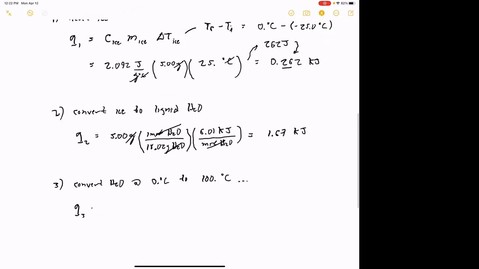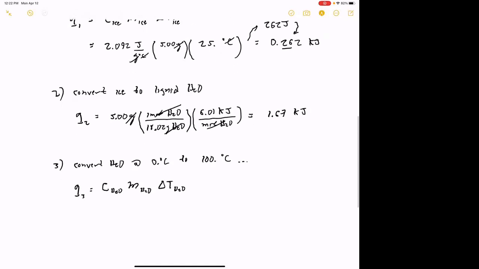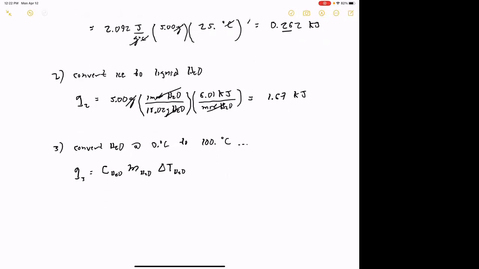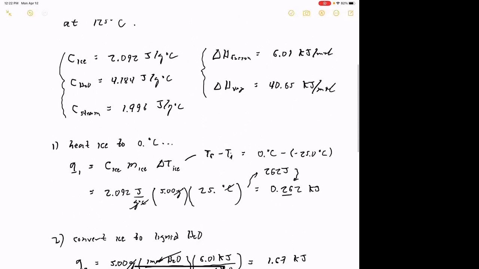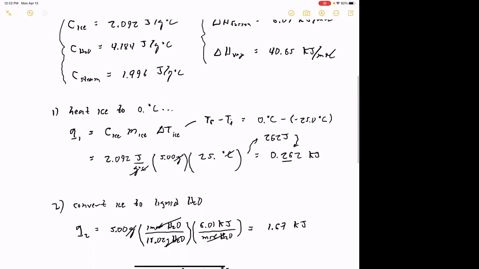I know this is Q3, so that's going to be equal to C of the H2O times the mass of the H2O times the delta T of the H2O. Okay? So now if we work this out, Q3, oh, I got to use a different C this time because now I don't have ice anymore. I got liquid water. So I got to use the 4.184 joules per gram degree Celsius.